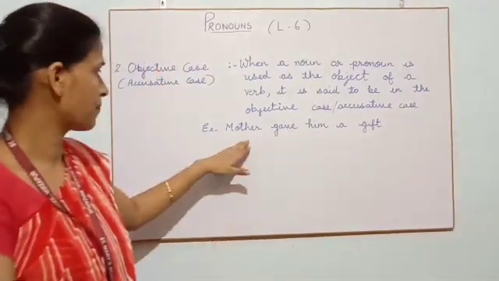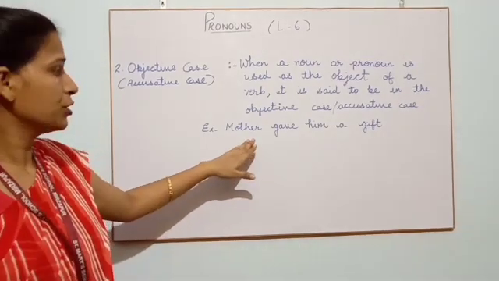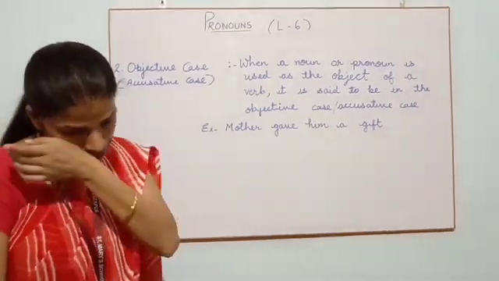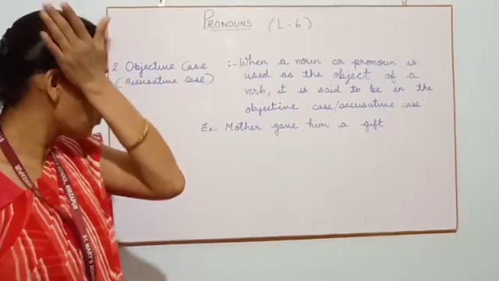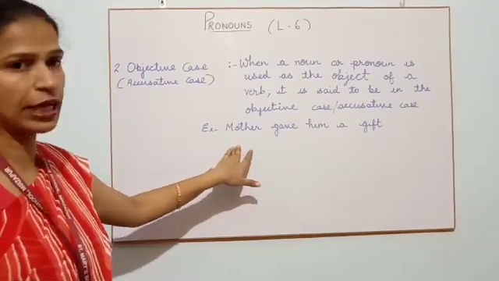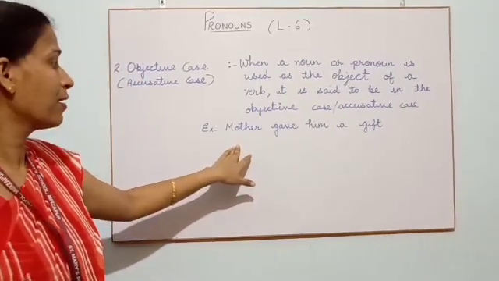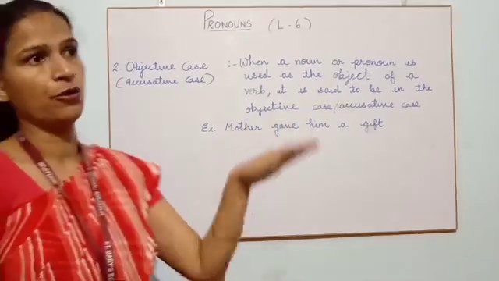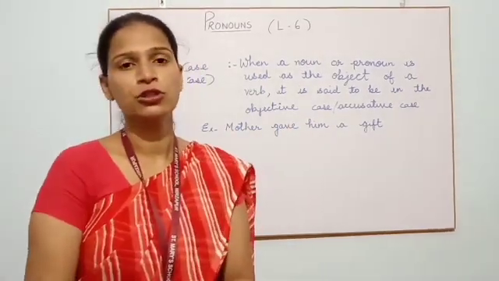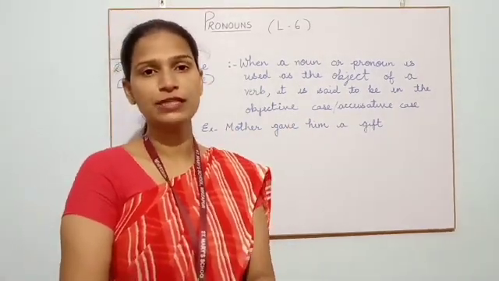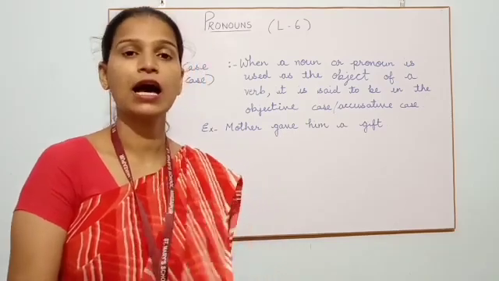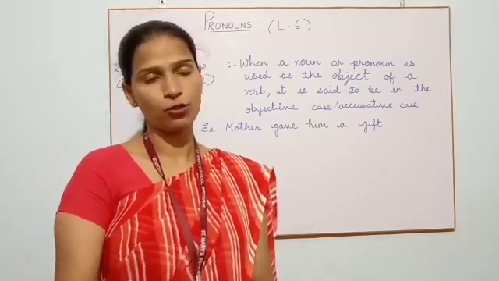Can you see this? Now, children, here you will see that we have an object. Have you all read about objects? Children, we have two kinds of objects: one is direct object and the other is indirect object.